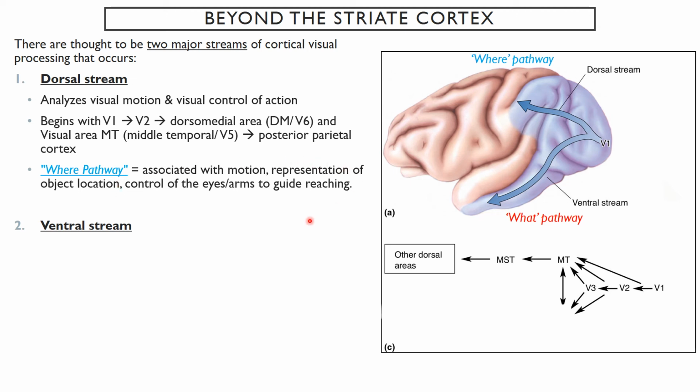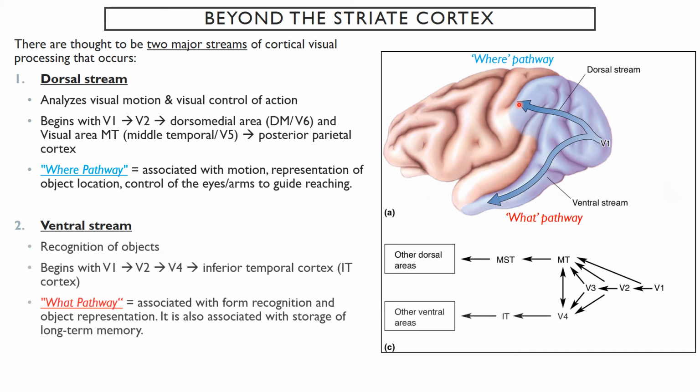It also is heavily involved in control of the eyes and the arms to guide reaching. So we find neurons that will help with that guidance that are visually driven. Okay, so it's integrating that information. So it tells us where things are in space. That's what the dorsal stream seems to be most involved with.